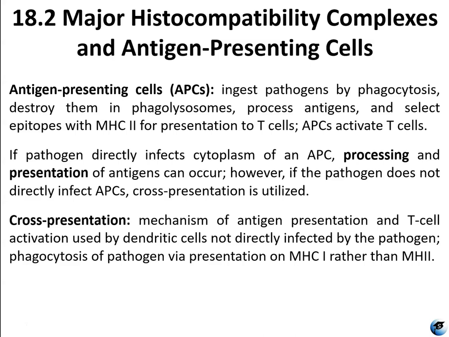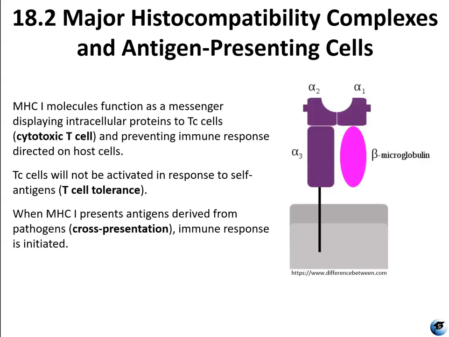What it's saying, in a nutshell, is if an antigen-presenting cell is not directly infected by a pathogen, then there are extra steps involved for that cell to be able to recognize the antigens that are on the pathogen, and then for the cell to activate the T cells. So in other words, it can happen directly, it can happen indirectly, but one way or another, the antigen-presenting cell activates the T cells, which helps to stimulate destruction of the pathogen.